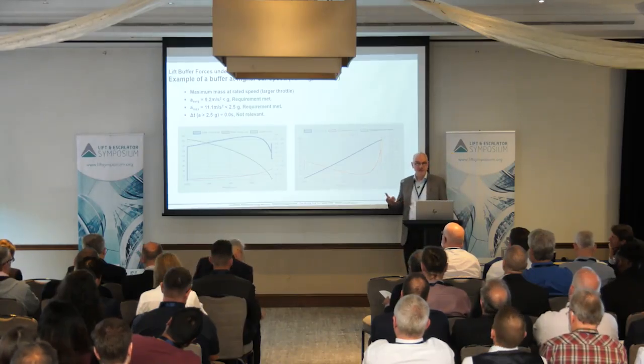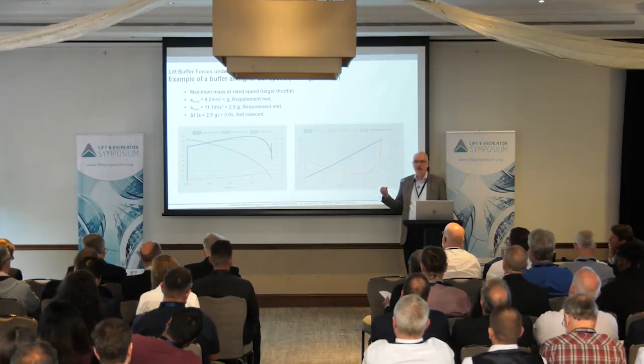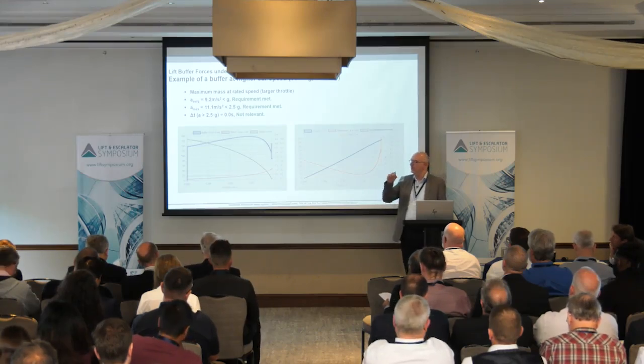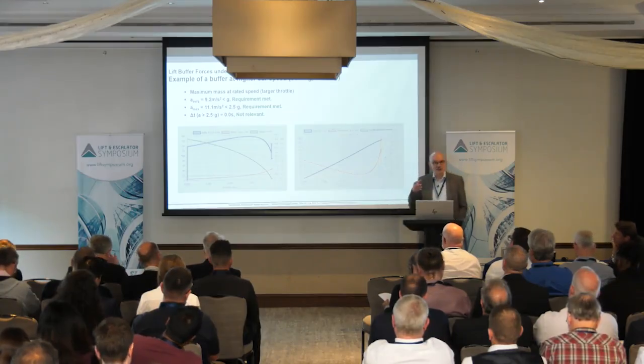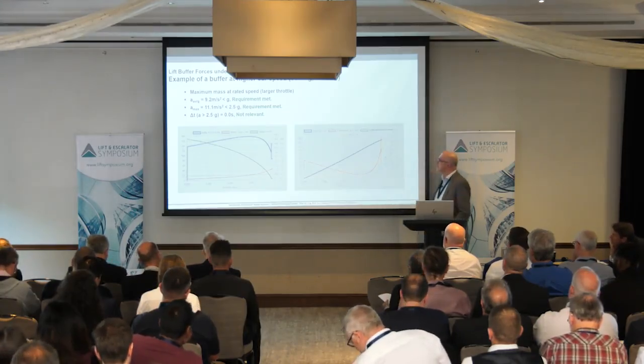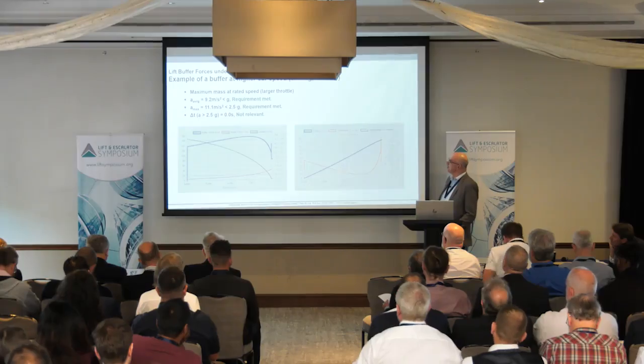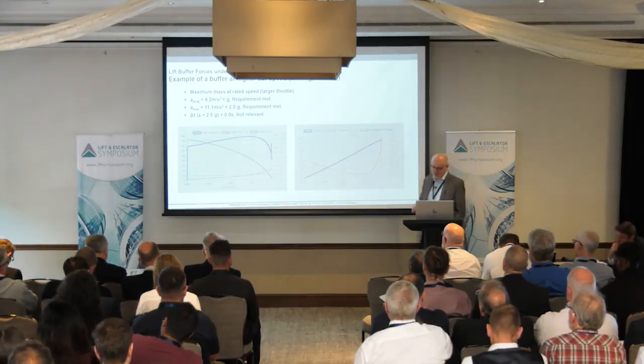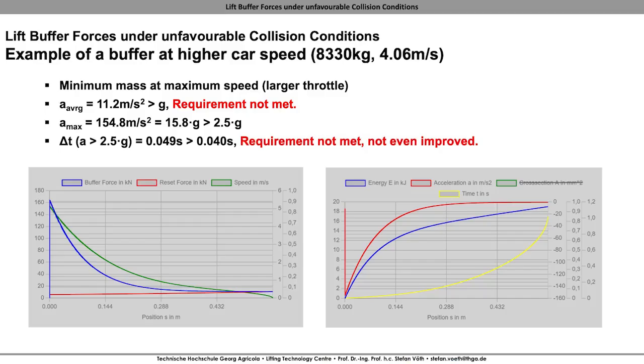So what was done now, as a measure to compensate, was that the throttle was modified. In the first step, this modification was an increase of the throttle area, which means greater area, less resistance for fluid flow, and the idea was to reduce the buffer forces by this. This is in fact true for maximum mass at rated speed.